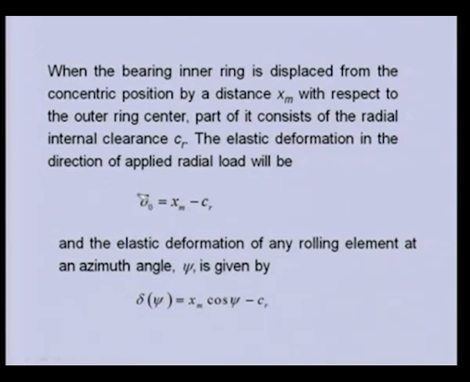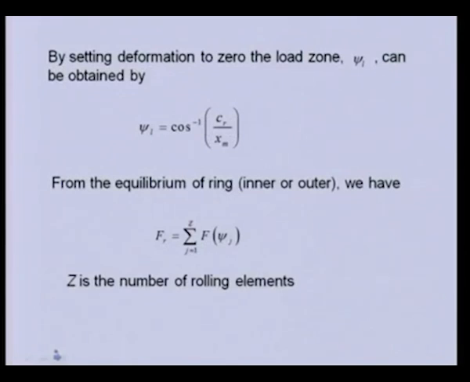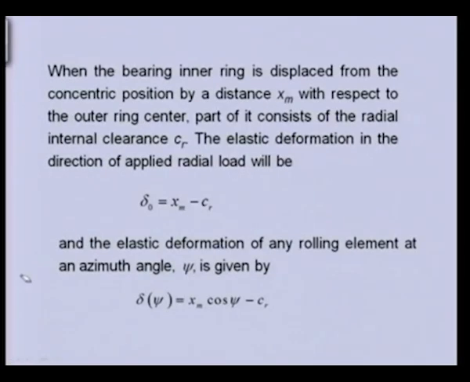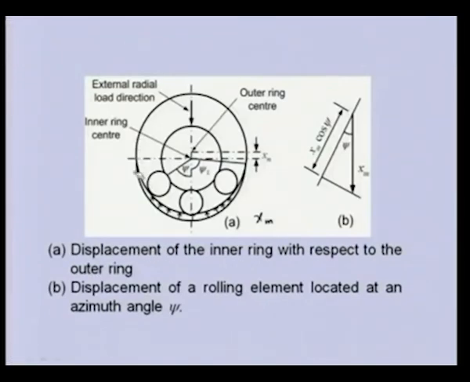And as we have seen in the previous slide, the deformation at an angle xi of the ball will be xm cos xi minus clearance, because in that direction also radial clearance is Cr. So this is the deformation at any angle of the ball, and if we keep that deformation equal to 0, that means deformation will be 0 only when the ball is outside this load zone.